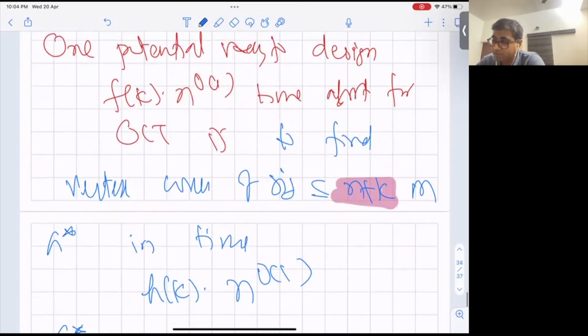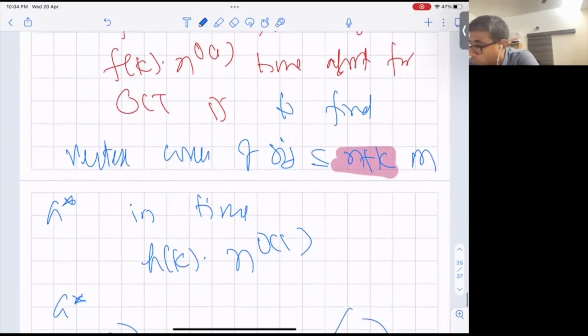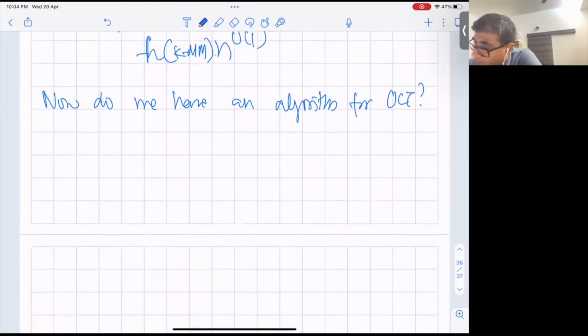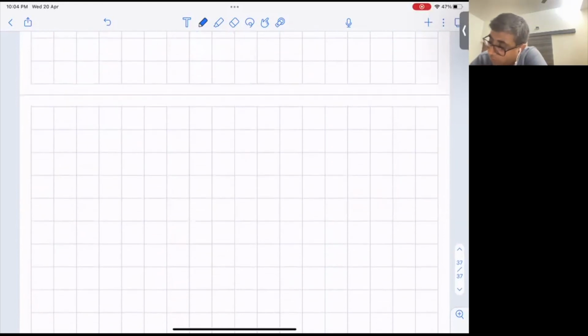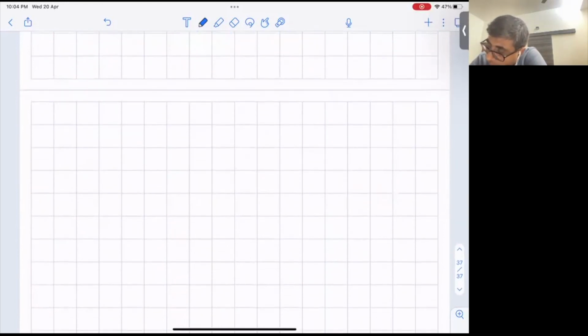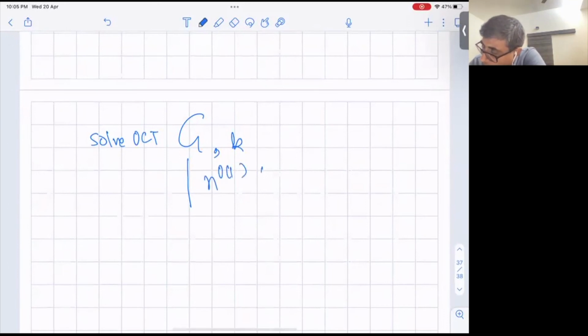So to solve OCT, look at this. Here is G. The goal is to solve OCT on G and k in n to the power big O of 1 times f of k time. We build G star.